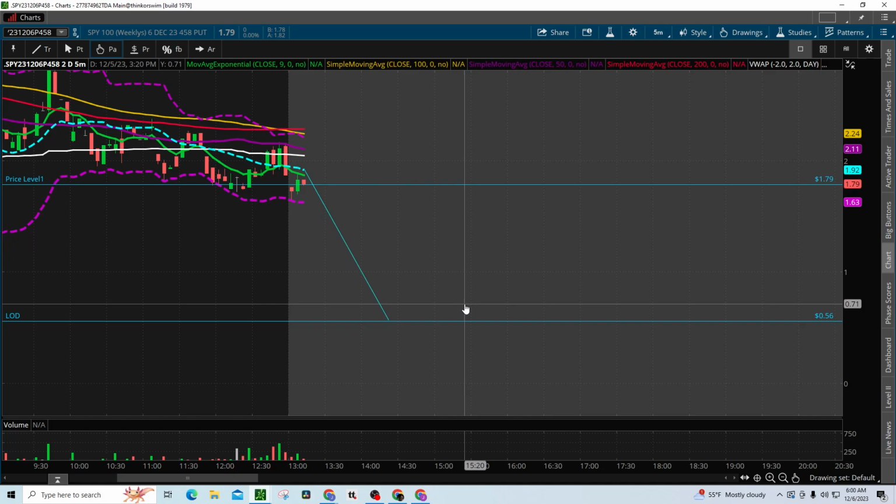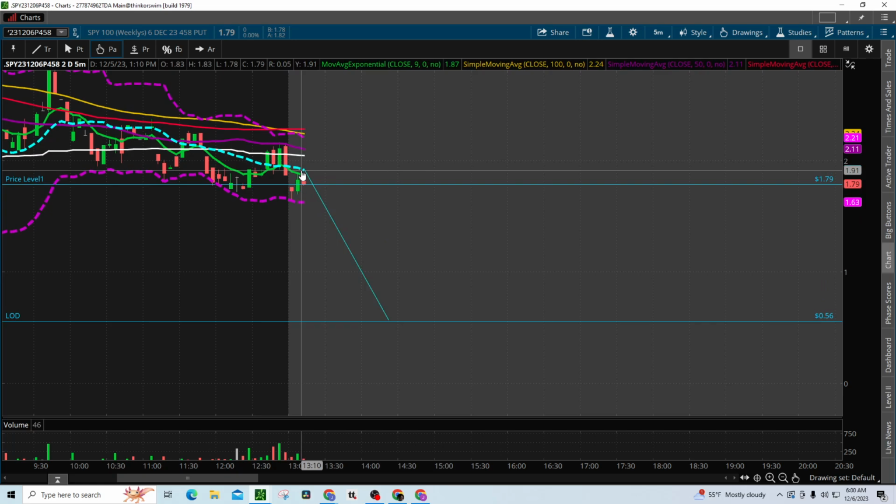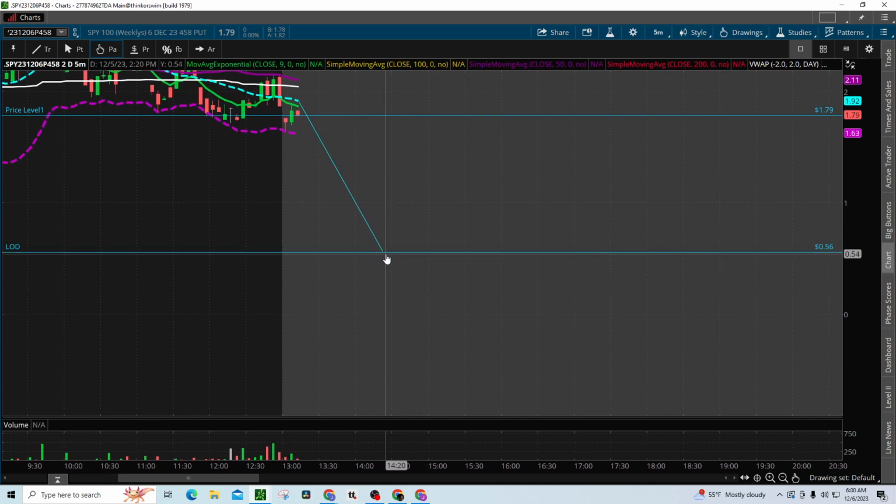So pretty much, at least for the first half of the day, the puts are going to be losing value. It doesn't mean we can't make 100%, because if it goes down to 56 and then even more to 25 cents, it can move from 25 cents to 50 cents and you still make 100%.